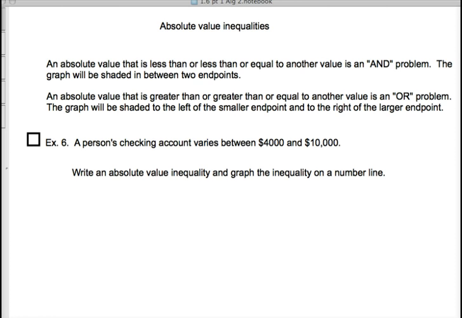We need to distinguish between and or problems. An and problem is one where you shade in between two endpoints right here. So you'll generally be shading in between on an and problem. And when you see and, it's because you've got less than or less than or equal to.